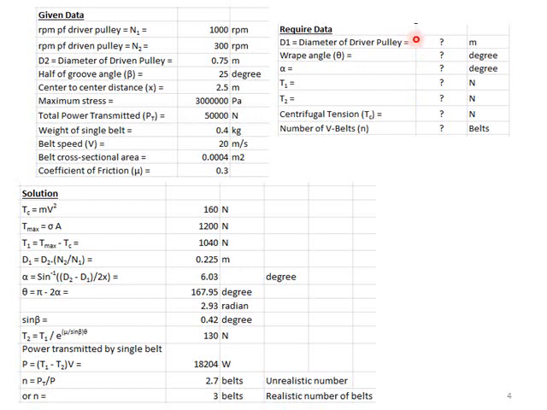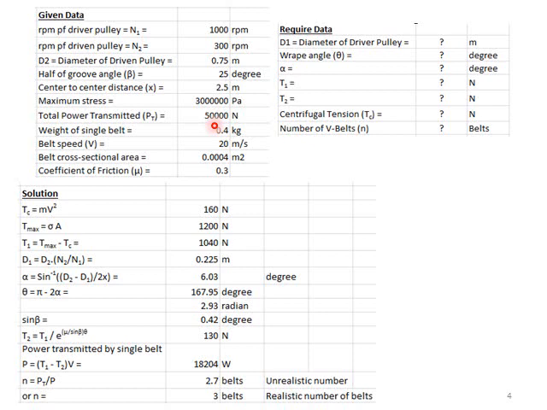If we know the diameter of driver pulley, which is unknown, the wrap angle theta, the alpha, tension at tight side, tension at the slack side, and the centrifugal tension, if we know these terms, then we can find the number of V belts that can satisfy the power transmission, which is the 50 kilonewton from the motor to the compressor. So how many belts are required on the pulleys?